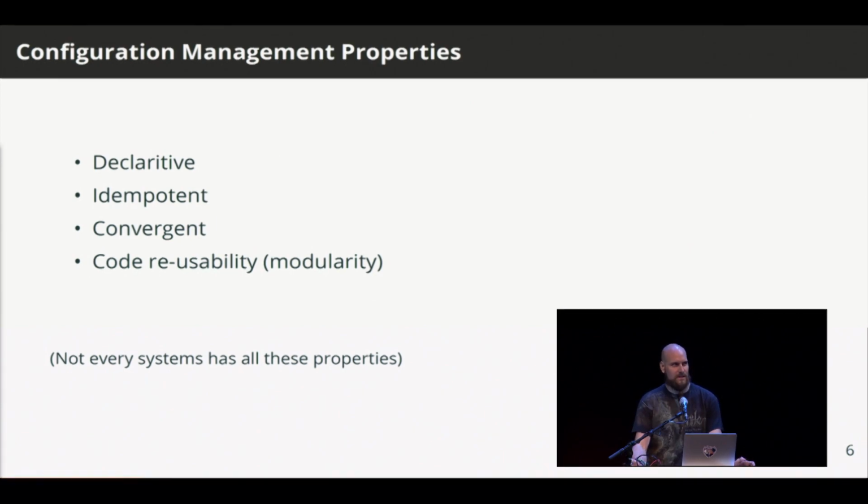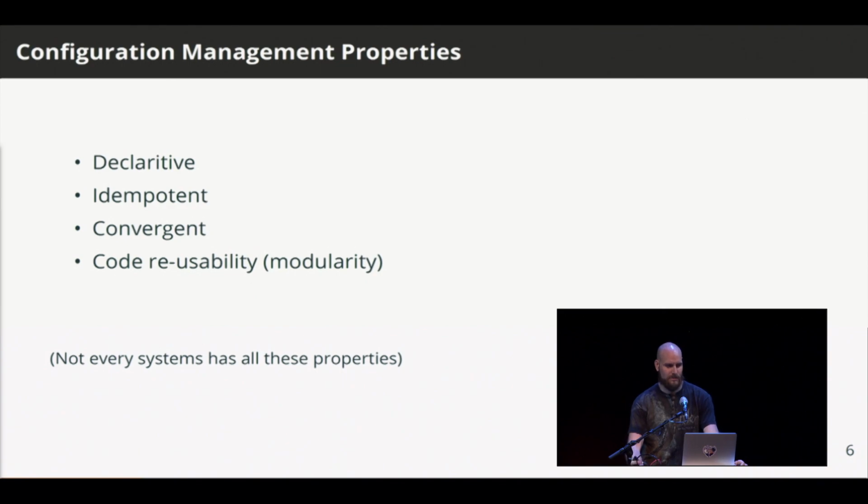There's idempotency, which means that once you have declared the state, if you push the same state to the system, and the system is already in that state, no change happens, no commands get run to maybe get into that state again.